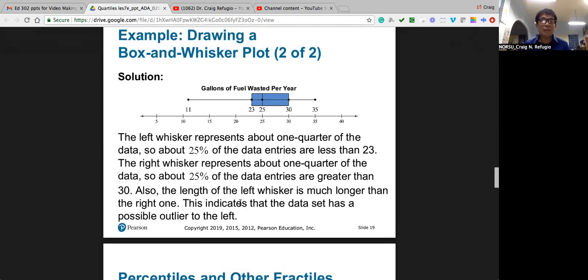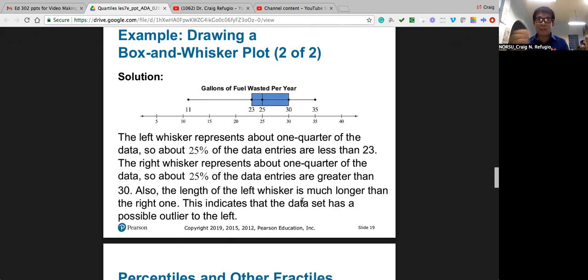Also, the length of the left whisker is much longer than the right one. This indicates that the data set has a possible outlier to the left. So that's what you are going to consider. Once it's a longer one and it's on the left side, then there is a possibility of having an outlier, that is, an outlier with a small value in comparison to the majority of the data.